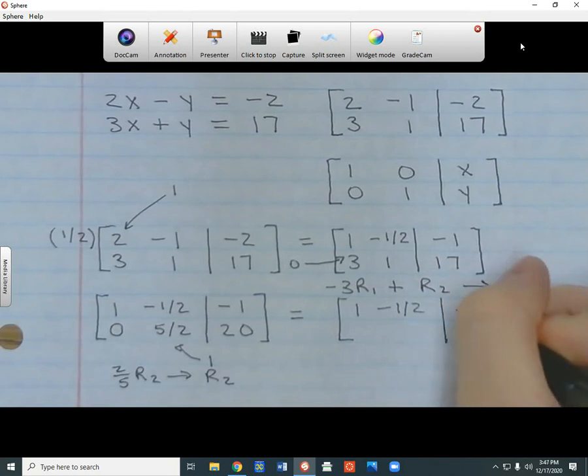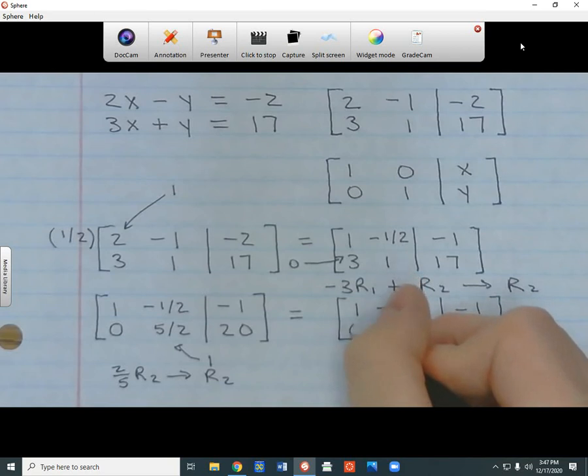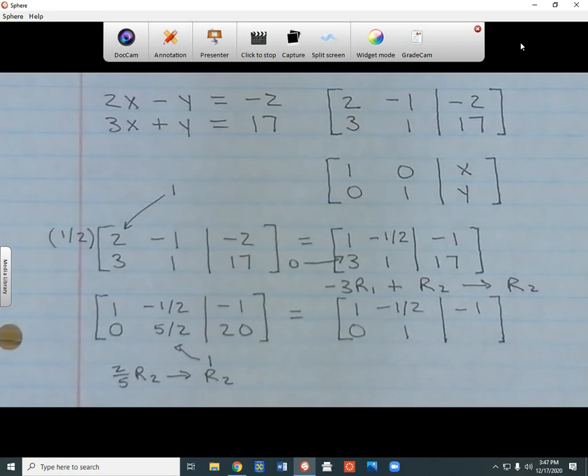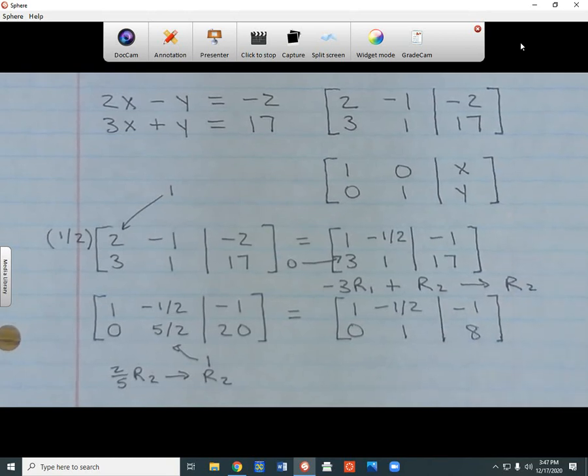But the bottom row is going to change into 0, 1, and if I multiply 20 by 2/5, I'm going to get 40/5, which is 8. Okay, so I'm almost there. The last thing I have to do is change the -1/2 into a 0.